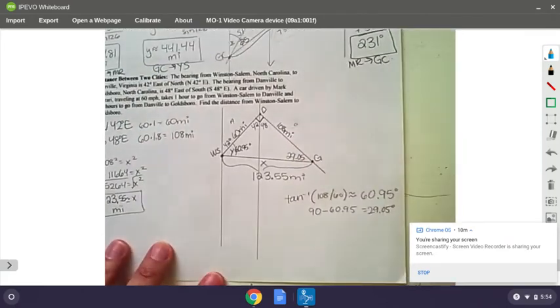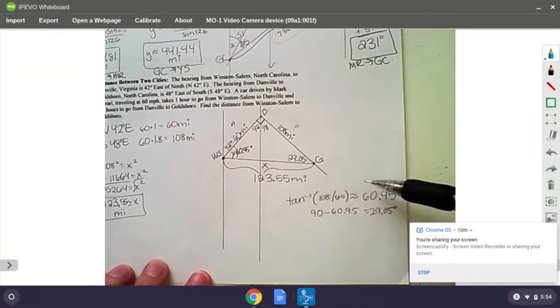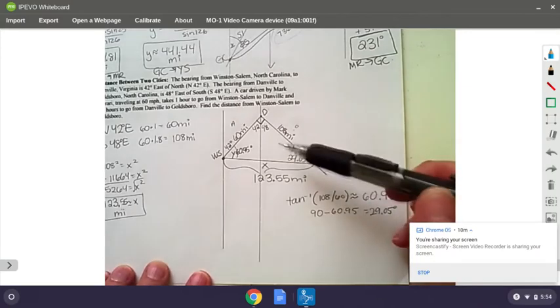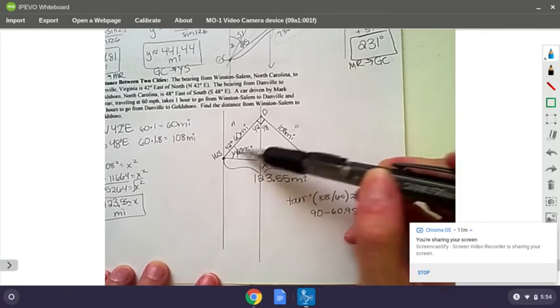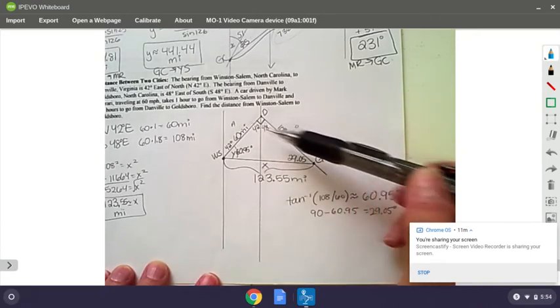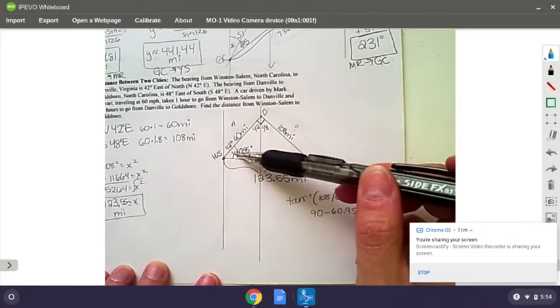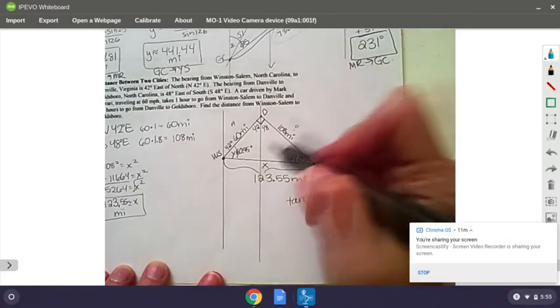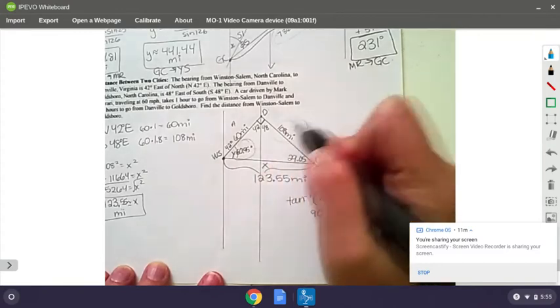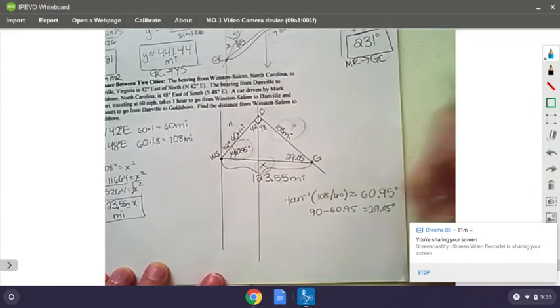Another option would be to do a trig equation. So over here I found the angles by using inverse trig functions. It looks like I found this one first. This is opposite, this is adjacent. So I did inverse tangent 108 over 60, and I got 60.95. If you subtract from 90, you get this one's 29.05. From there, if you wanted to, you could have used this one, and this one, x, to find this hypotenuse.